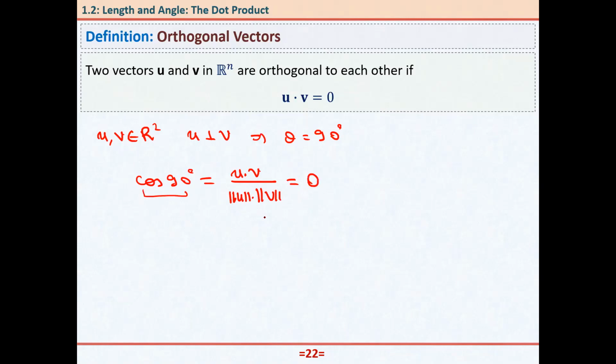We know that it's equal to 0, right? And these two vectors are non-zero. So this implies that U dot V must be equal to 0. Actually, here we have a two-way implication, not only this, two-way. That means that if the angle between two vectors is 90, then the dot product must be equal to 0. Or if the dot product of two vectors is equal to 0, then the angle between these two vectors must be 90 degrees. Okay?